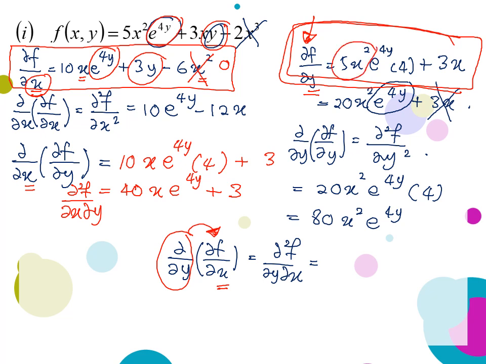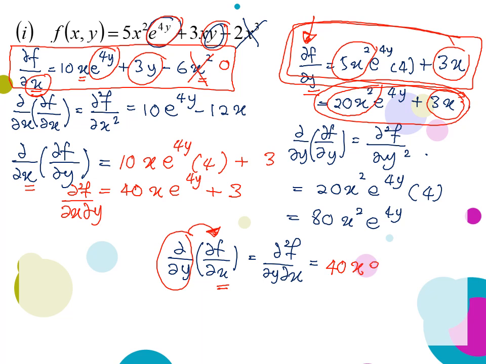You have here, you have here, so your y will become a constant. Now we need to refer to this. I delete this, that, and that. Interested in x. Where is our x? We have here, we have here. Differentiate with respect to x, you will get 40x exponent 4y, and differentiate 3x, you will get 3.